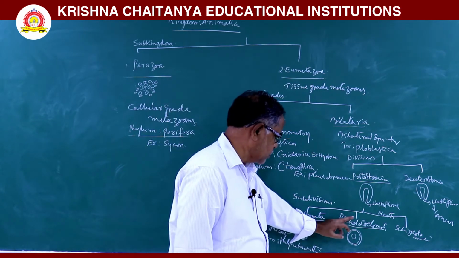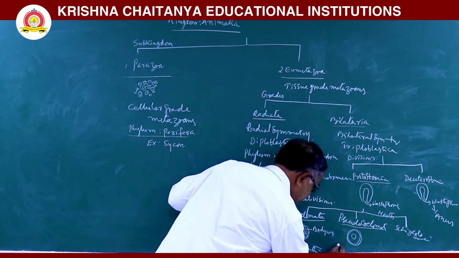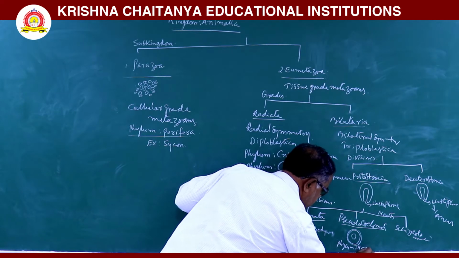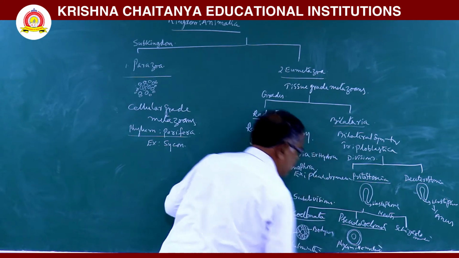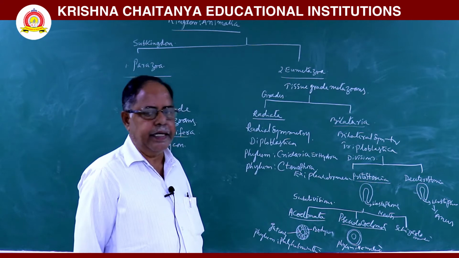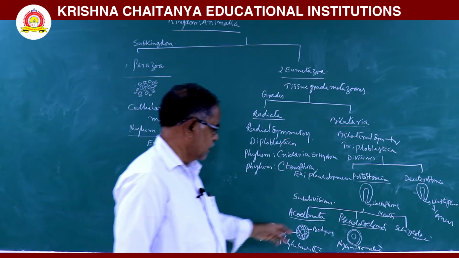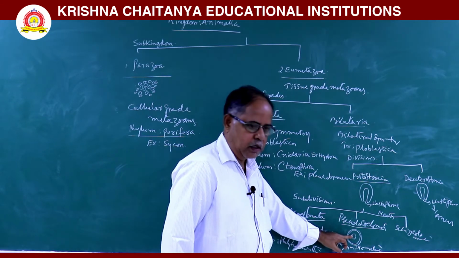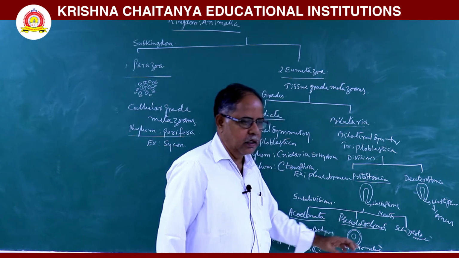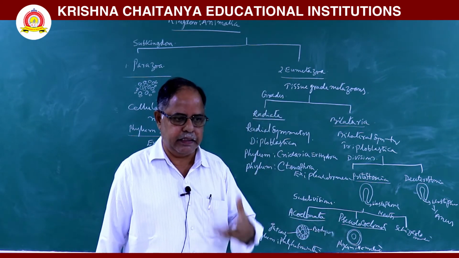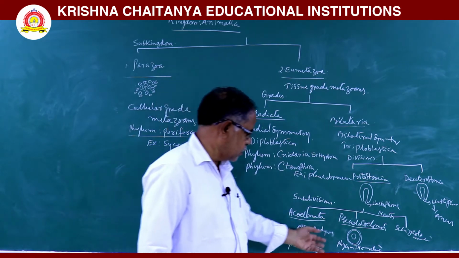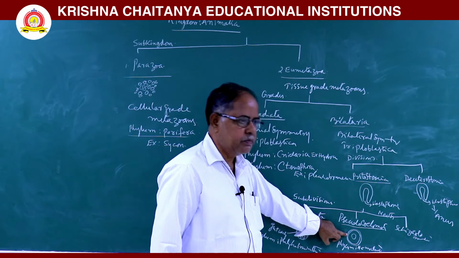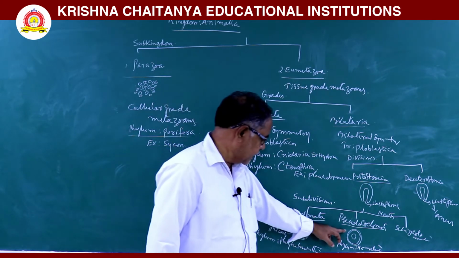In this Pseudocoelomata, one phylum is there. That phylum is called Nematoda, or Aschelminthes. In Pseudocoelomata, in between body wall and gut wall, an empty place, a cavity is there, but this cavity is not surrounded by two mesoderm layers. Only one mesoderm layer is there. This mesoderm layer is present inside the body wall.